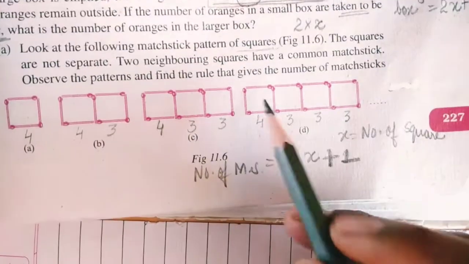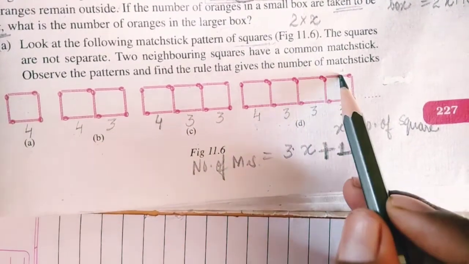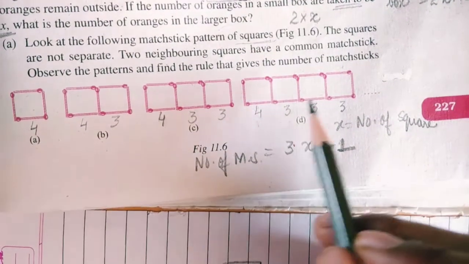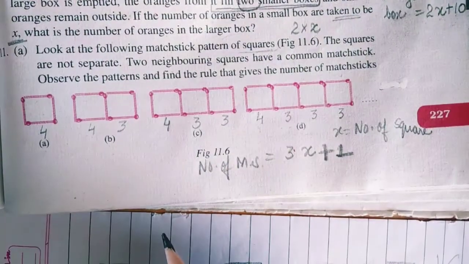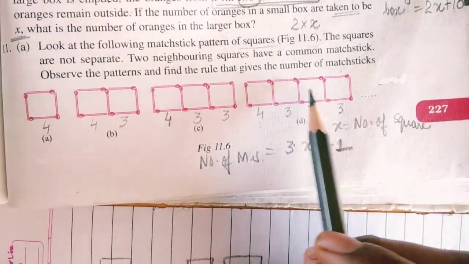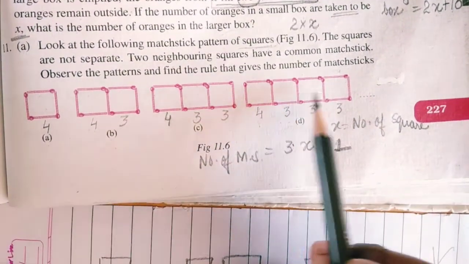Here we can simply count 1, 2, 3, up to 13 matchsticks. Here only 4 squares are there.